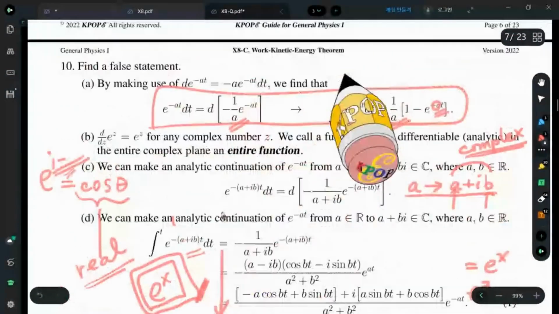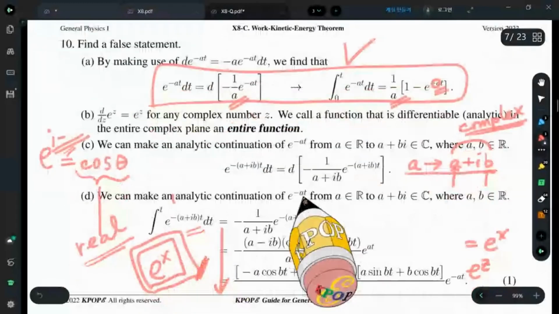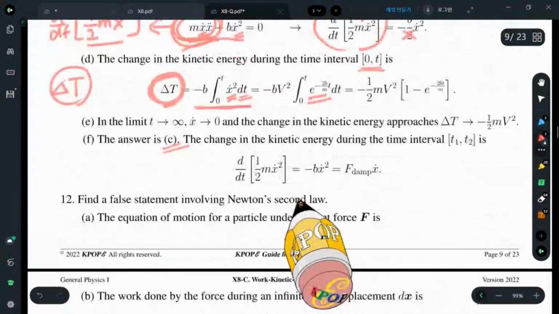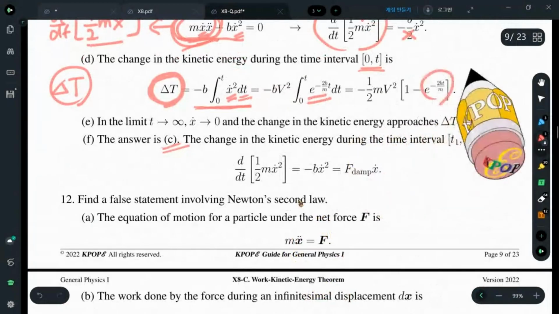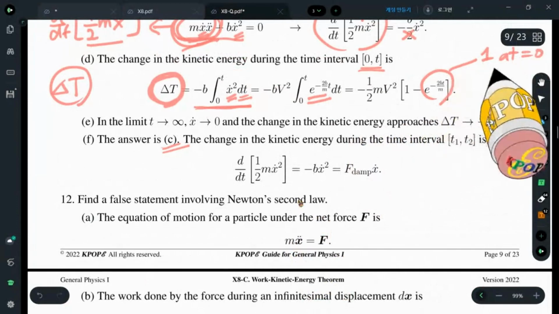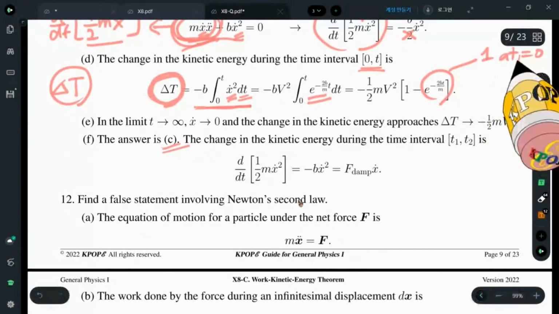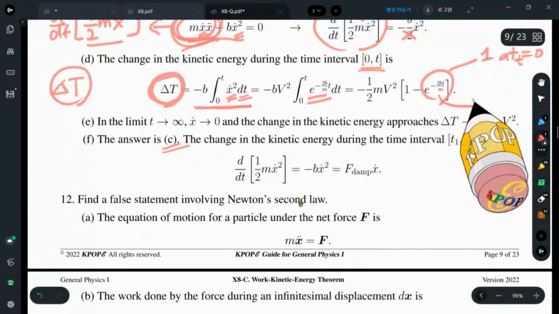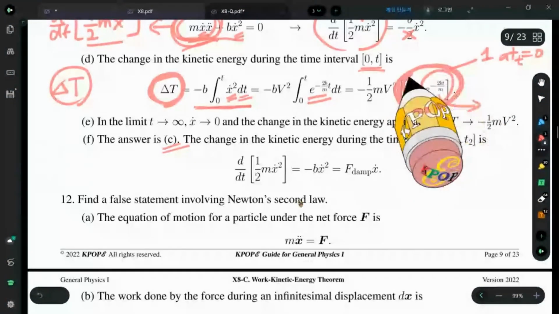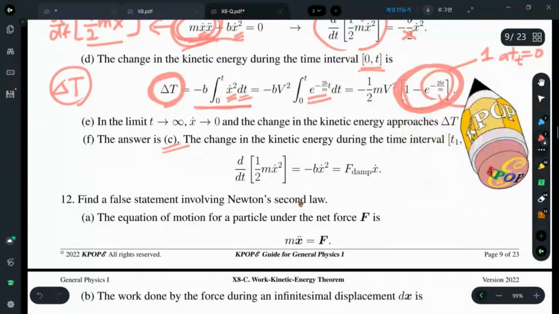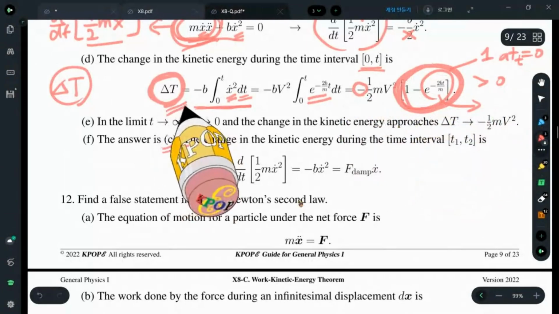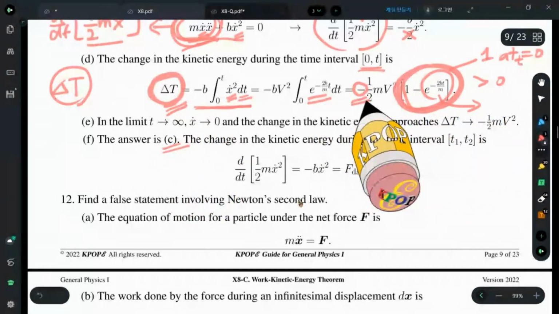Using this integral table, we find that this one is 1 at t equals 0, and decreases to smaller than 1. So this is this amount. This amount in the brackets is positive, and we have a negative sign, so kinetic energy decreases.